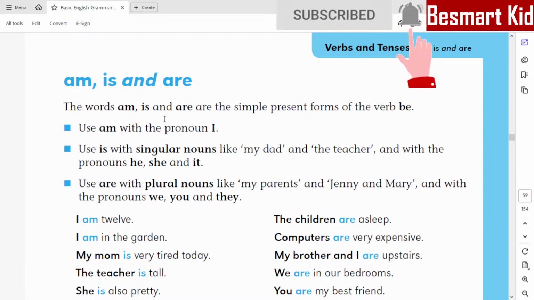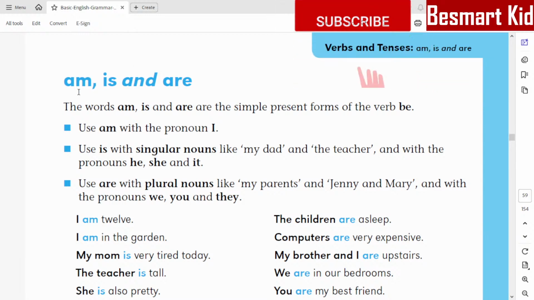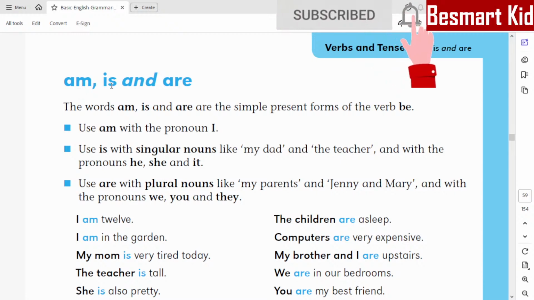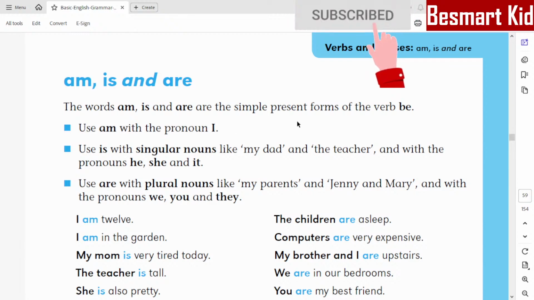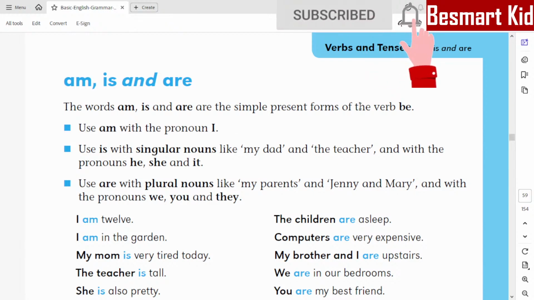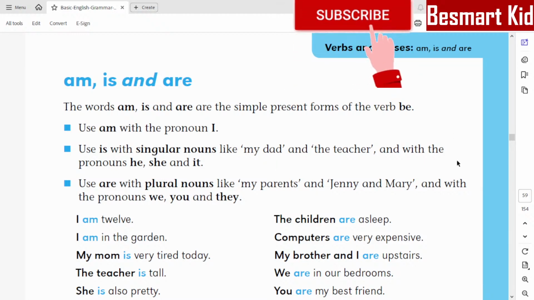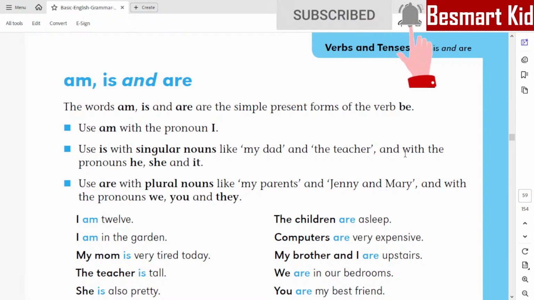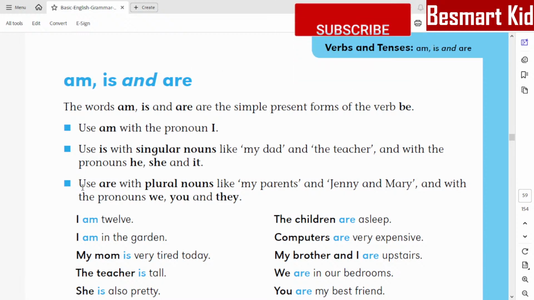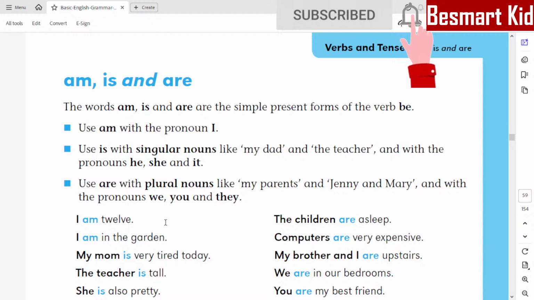Now we have am, is, and are. The words am, is, and are are simple present forms of the verb be. Use am with the pronoun I, and use is with singular nouns like my dad, the teacher, and with the pronouns he, she, and it.